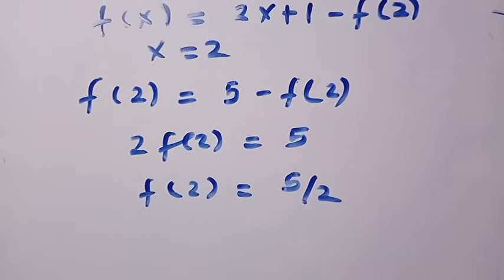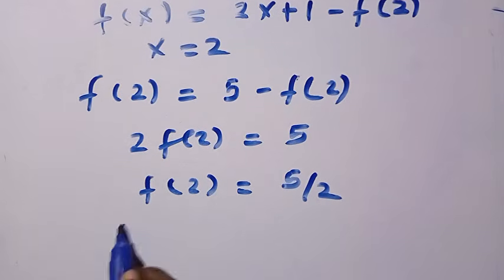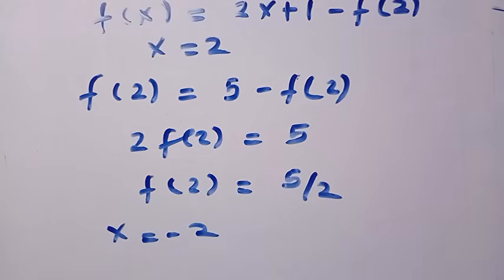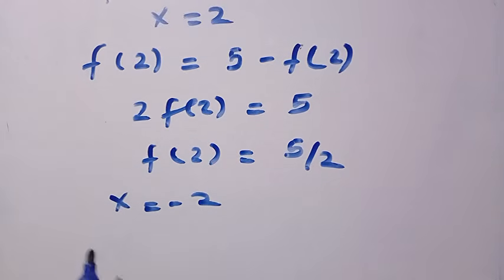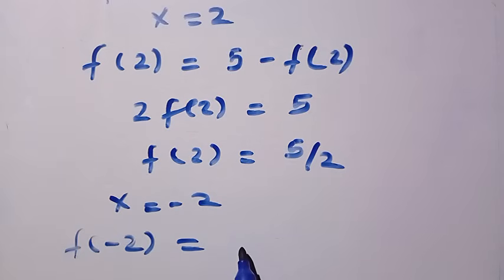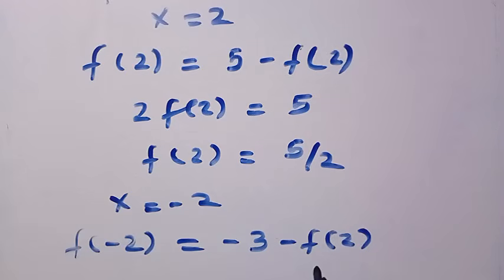Again, let's try and let x equals minus 2. So if x equals minus 2, we are going to have f of minus 2 equals, by introducing x to 2x plus 1, we are going to get minus 3 minus f of 2.